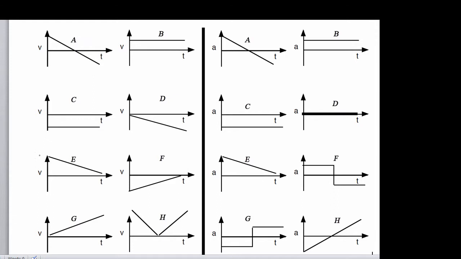Exactly. So that means it's in a positive direction. This one would say it was in a negative direction and actually increasing in speed, right? This one is a positive direction, decreasing in speed. So the answer there is E.